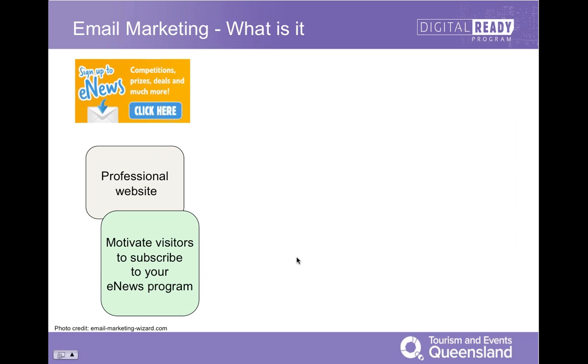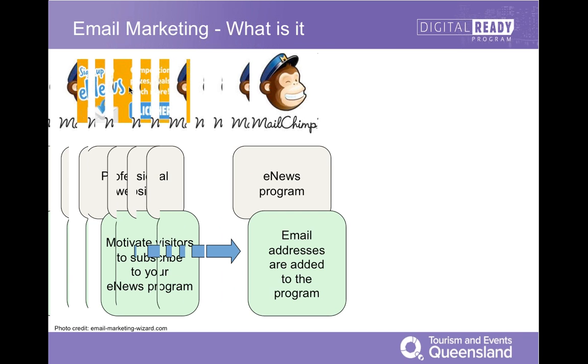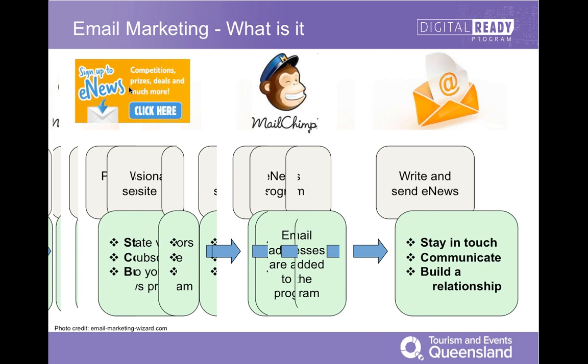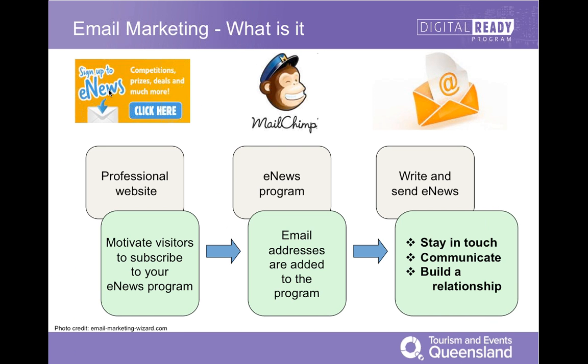So email marketing is another way if you have an email database. If not, I would start to collect one, because email can also be very effective, particularly for particular offers. So on your website, you might have a sign up to e-news button to get people to sign up for your email, and people do sign up. You collect that using a tool such as MailChimp or many others.